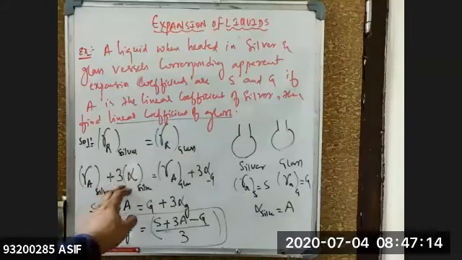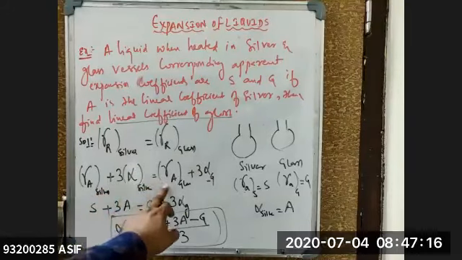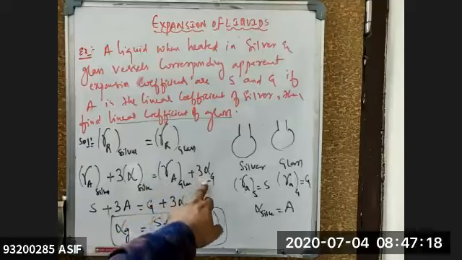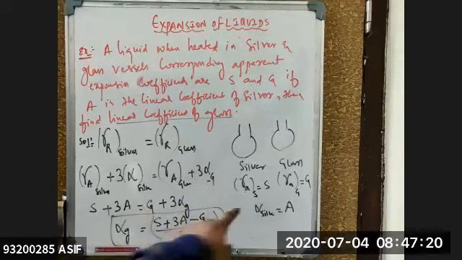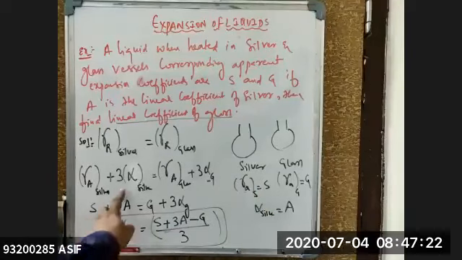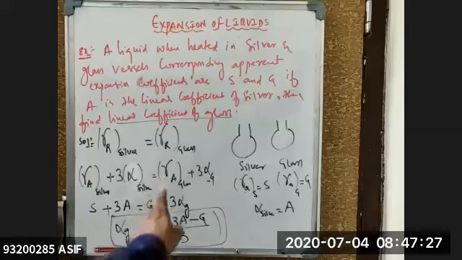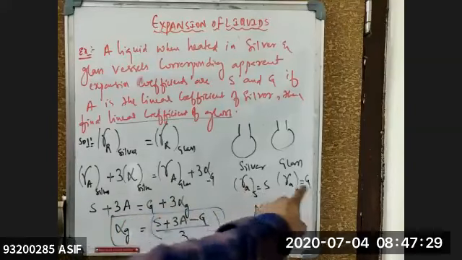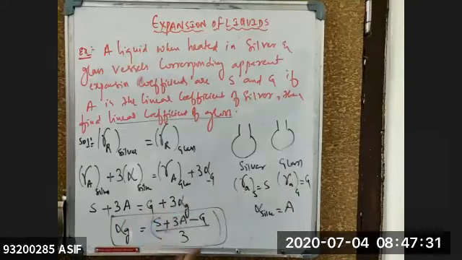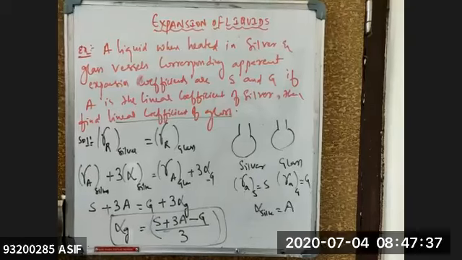Gamma A of silver plus 3 times alpha of silver equals gamma apparent of glass plus 3 times alpha of glass. Gamma apparent of silver is S, and 3 times the linear expansion of silver is 3A, equal to G plus 3 times alpha of glass. So alpha of glass equals S plus 3A minus G, divided by 3. Is it clear for everyone?